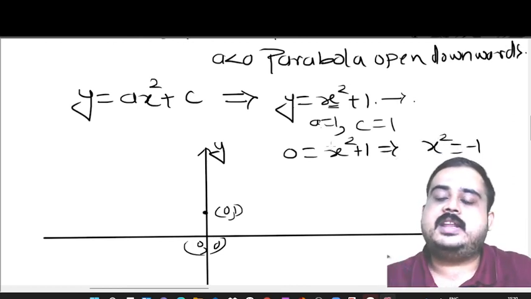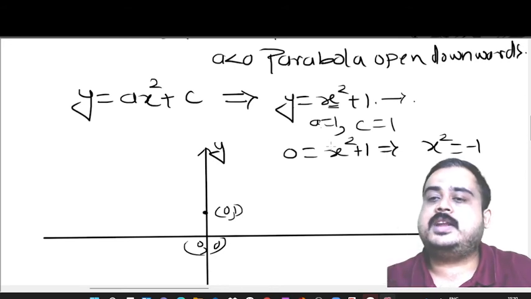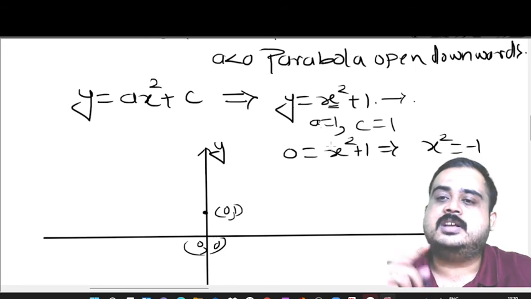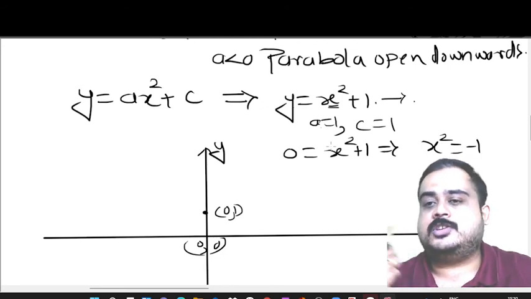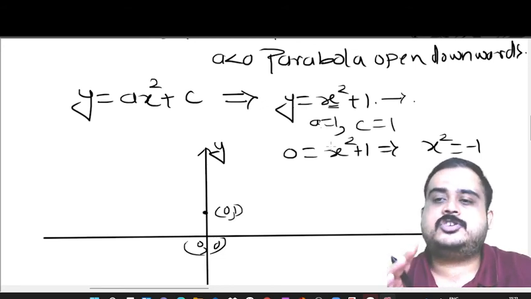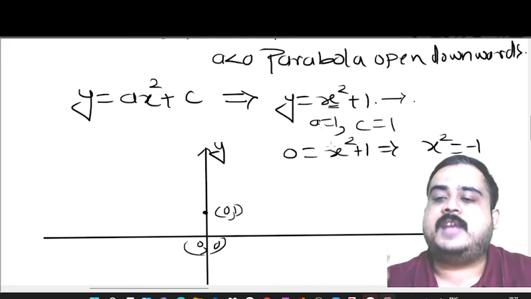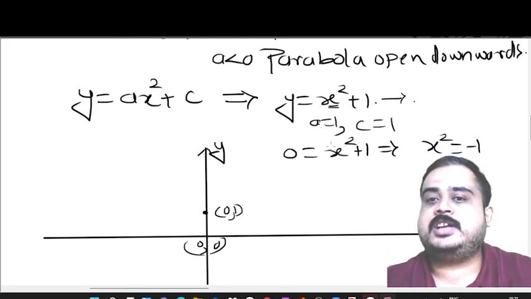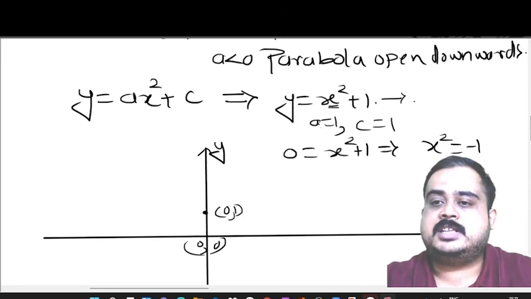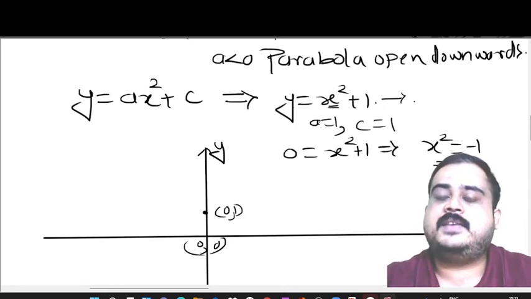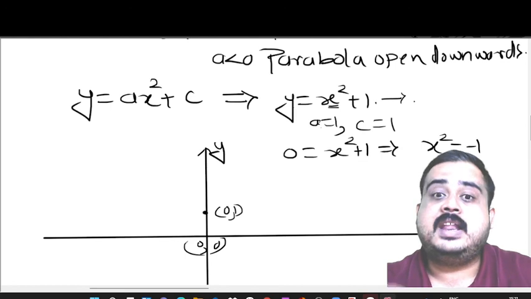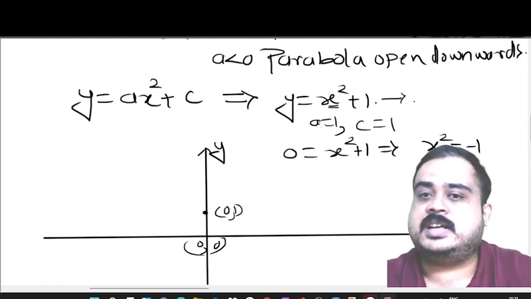Now, for any real value of x, you will never get x square equal to minus 1. Because even if you substitute a negative value in place of x, the square of a negative value will always be positive. So no question of getting a negative value when you square a real number. So we'll say that there exists no such value of x for which the equation x square equal to minus 1 will get satisfied, or in other words, the parabola will never touch or cut the x-axis.